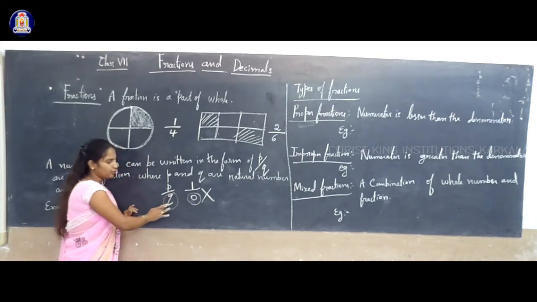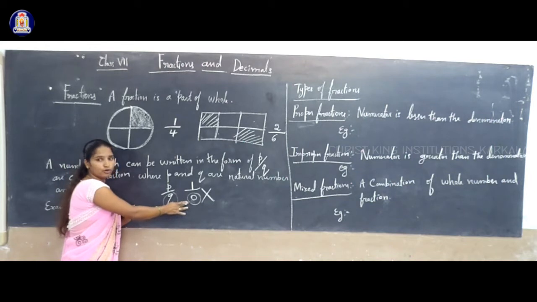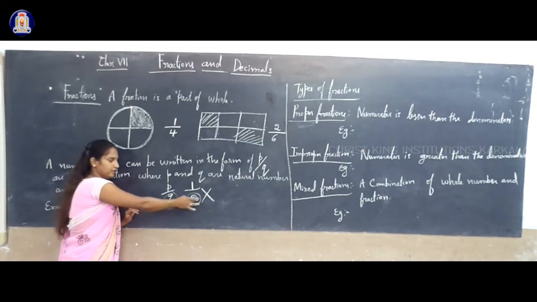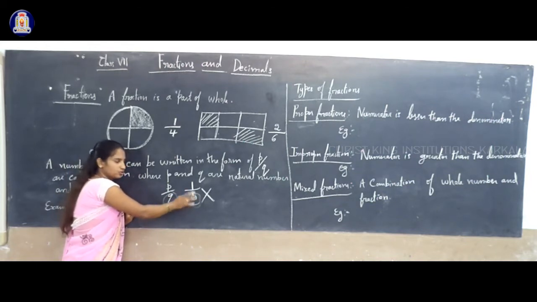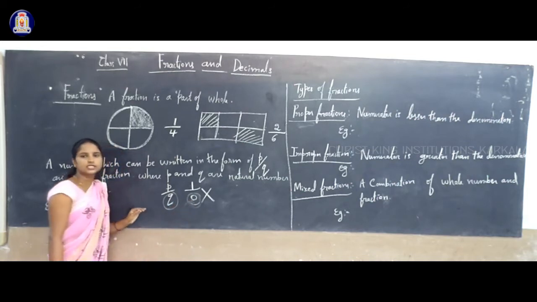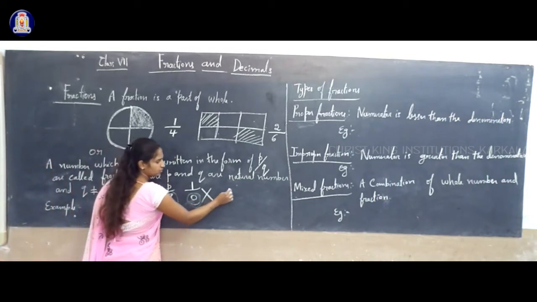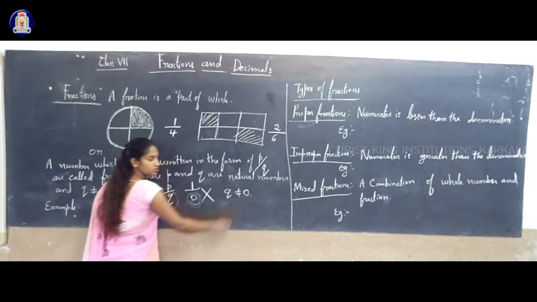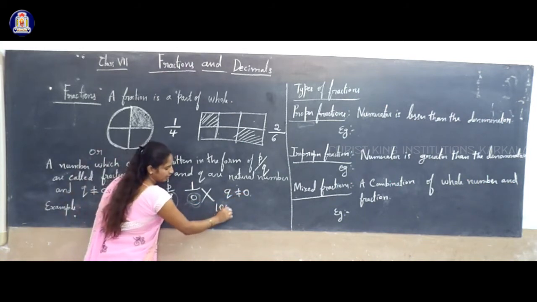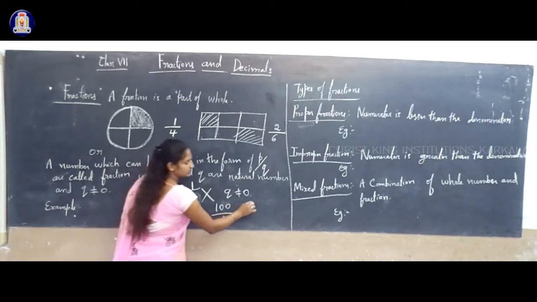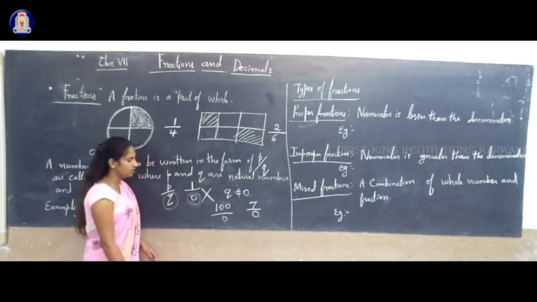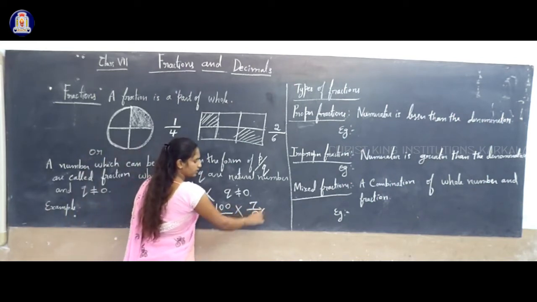So P by Q form, correct? 1 by 0, but the denominator Q value is 0. So 1 by 0 is not defined. Q is not equal to 0. So we cannot write 100 by 0 or 7 by 0; all are not defined.